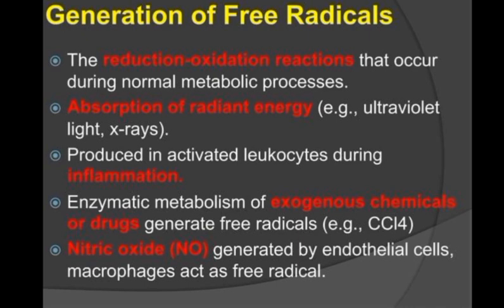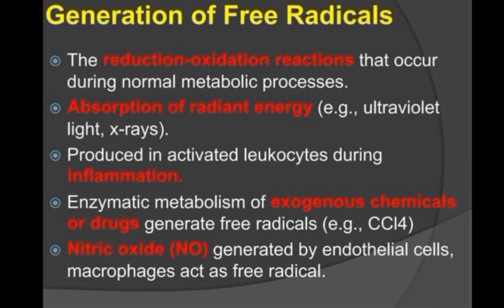Generation of free radicals: the reduction-oxidation reactions that occur during normal metabolic processes, absorption of radiant energy such as UV light and X-rays, production in activated leukocytes during inflammation, and enzymatic metabolism of exogenous chemicals or drugs all generate free radicals.